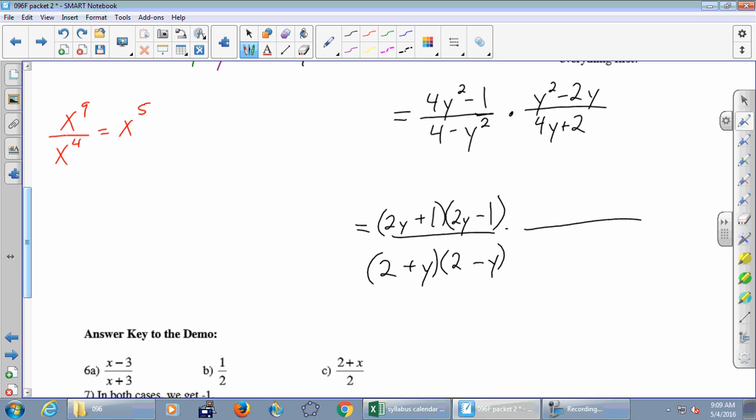Moving to the top right expression. Y squared minus 2y, same three questions. What's the greatest common factor? It's y. Hey, we can factor that y out. So pull the y outside. What's in the parentheses? Y minus 2.